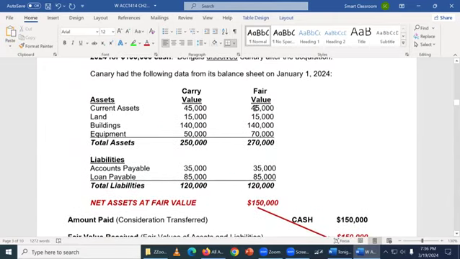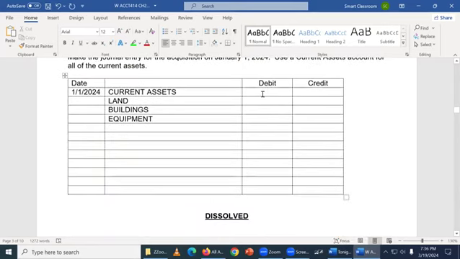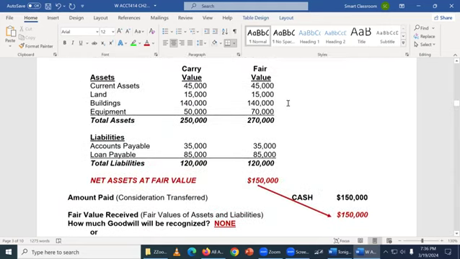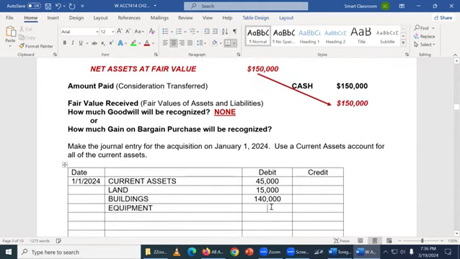And we're going to put these out at fair value: 45, 15, 140, and 70.